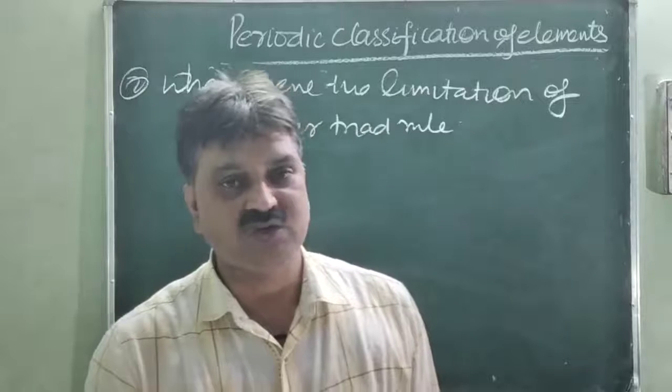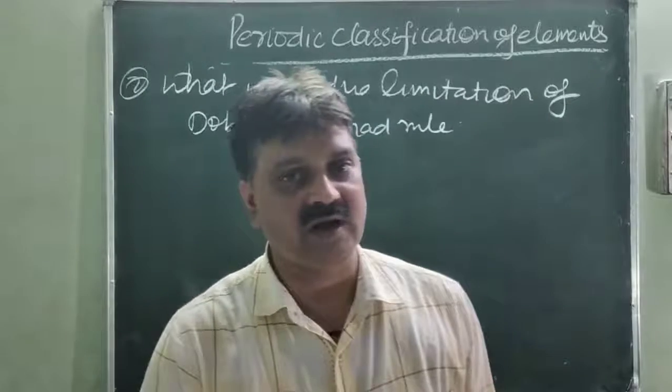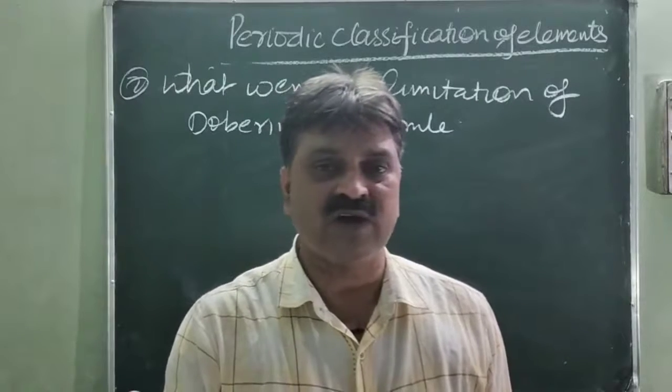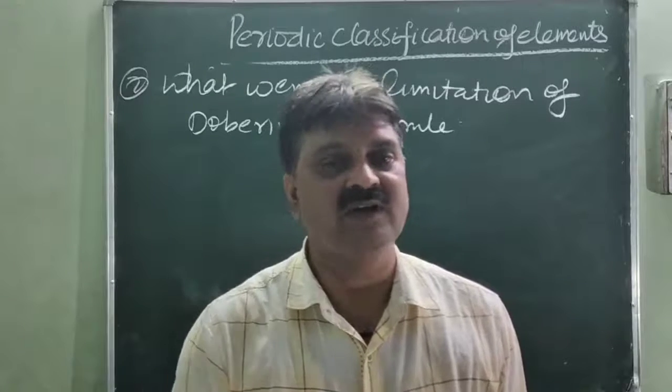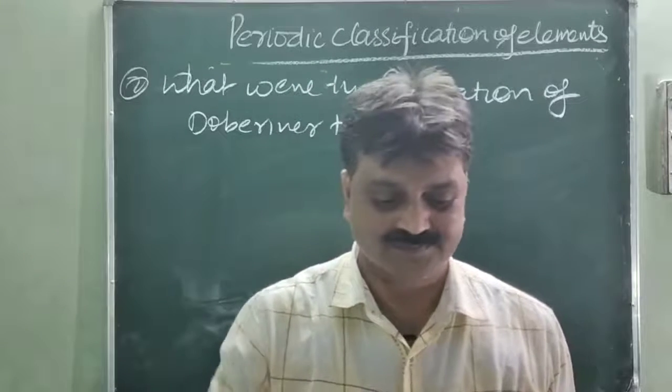So this is the limitation of Dobereiner's triad, meaning no more than 4 sequences were made by Dobereiner for the elements.